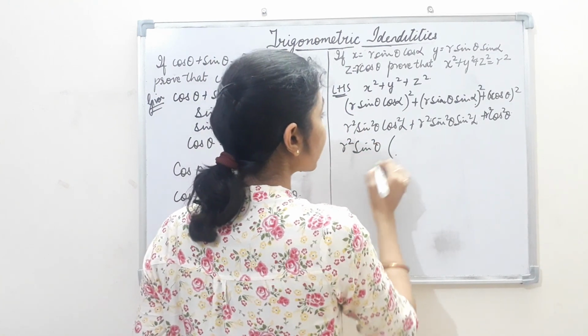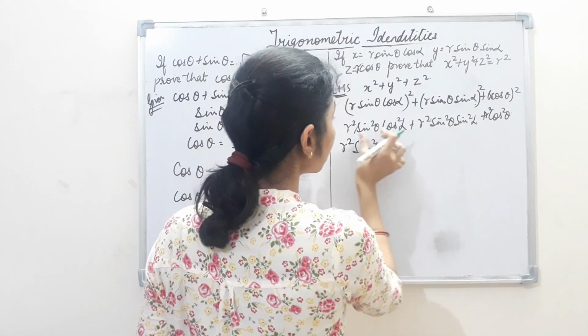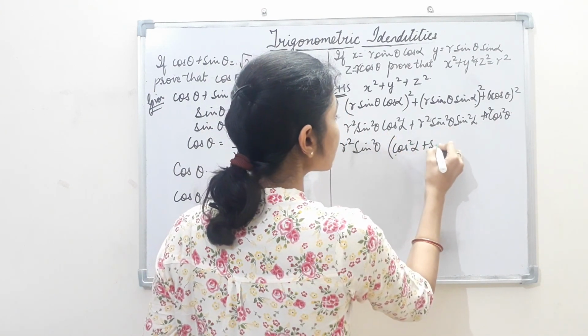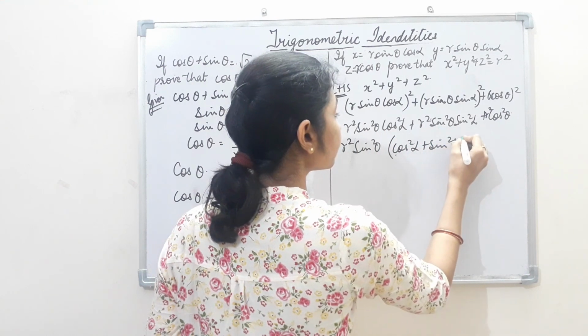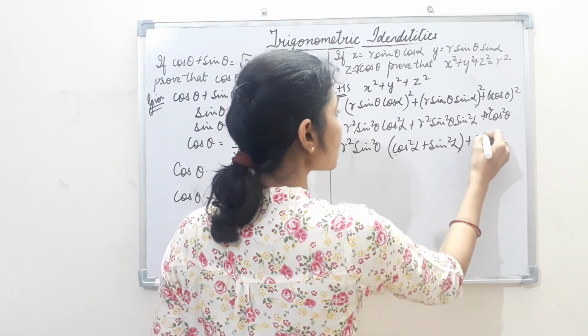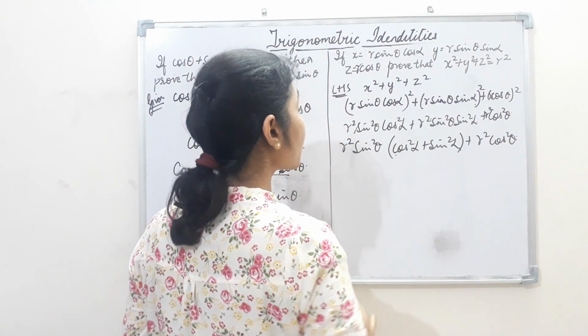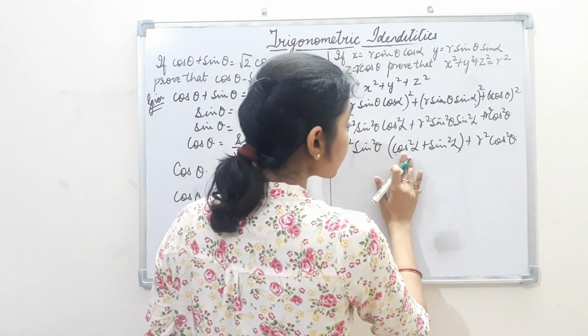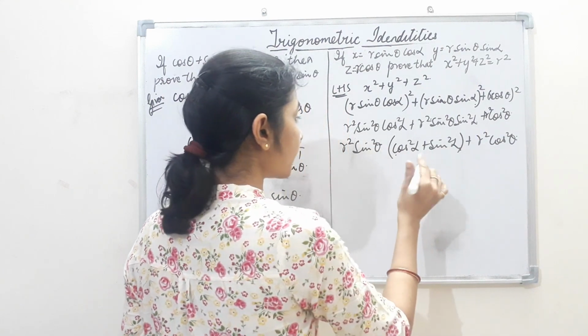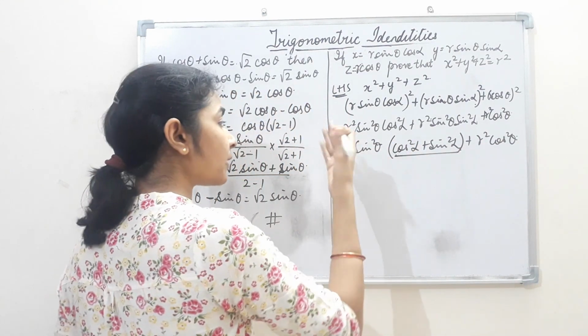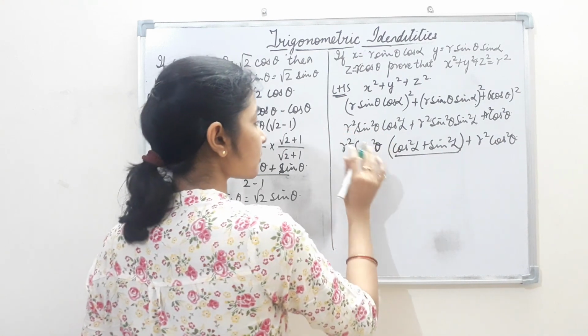So r square common and sin square theta common. Okay, and in the bracket what do we get? Sin square theta if we take common, then here we get cos square alpha plus sin square alpha. Okay, and r square cos square theta remains as it is. Now cos square alpha plus sin square alpha is equal to 1, so it changes into 1, and anything multiplied by 1 gives the number itself, so this remains here only.